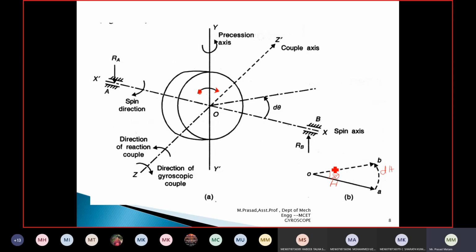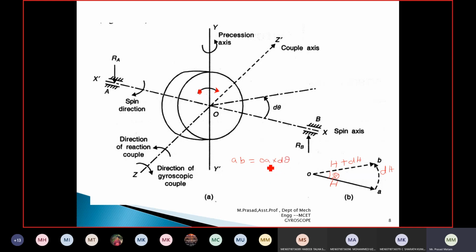Now what is the angular momentum in the new axis? It is the sum of the initial angular momentum plus the change in angular momentum. From this we derived yesterday: the change in angular momentum is denoted AB. How do you get AB? It is the product of OA into d theta.